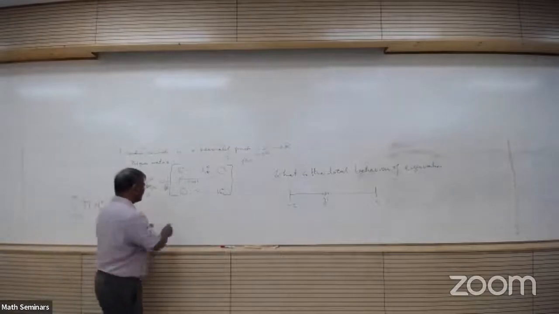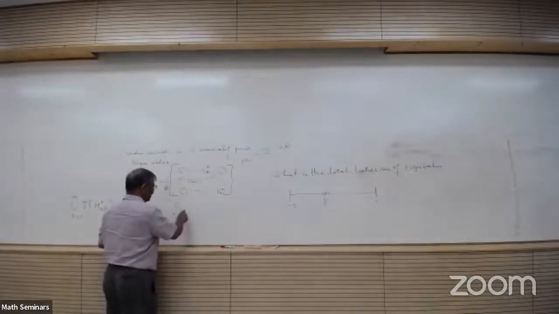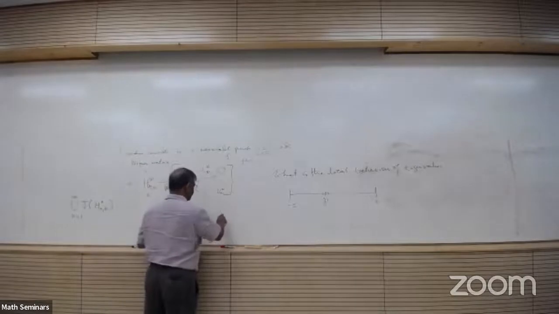So you have this matrix H_n, and you have eigenvalues for every omega.